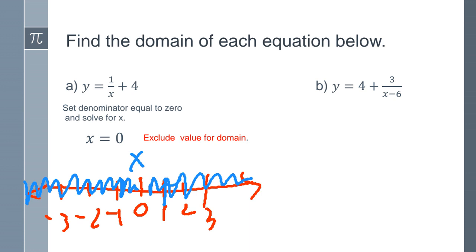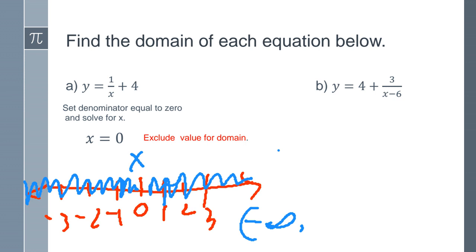So we can say that our domain is going to be negative infinity, oops. Let me go back. Okay, so negative infinity to, I'm trying to get my pen to work, all the way to 0 here, right?